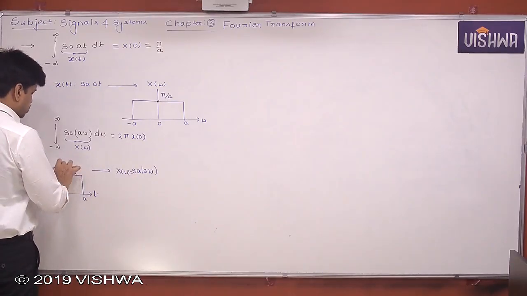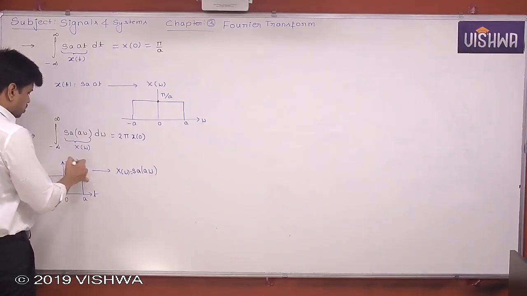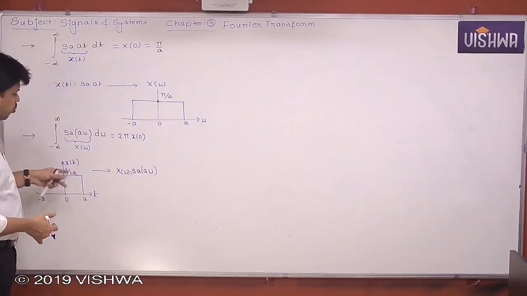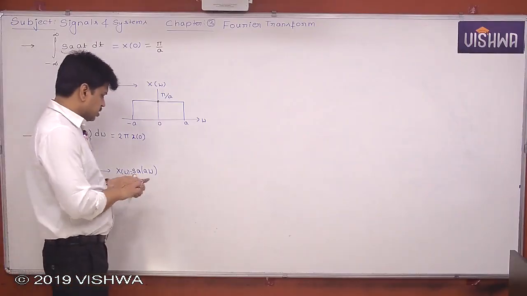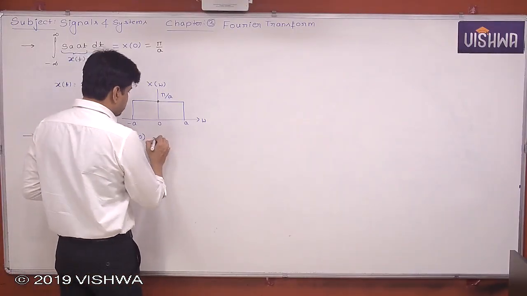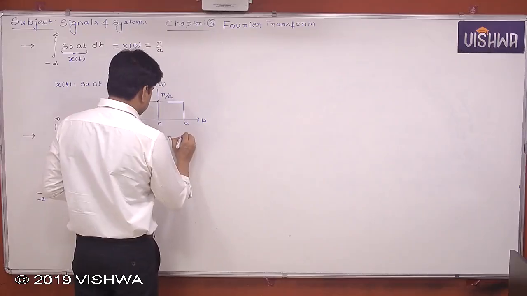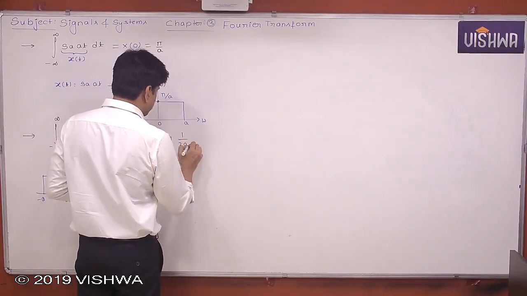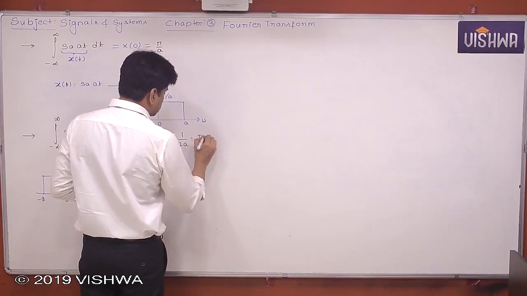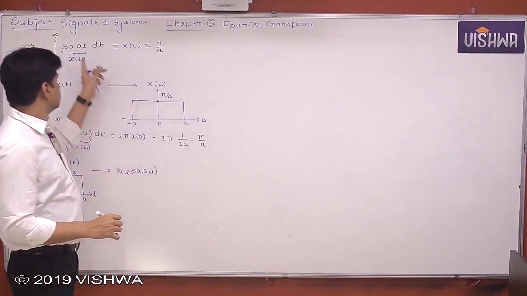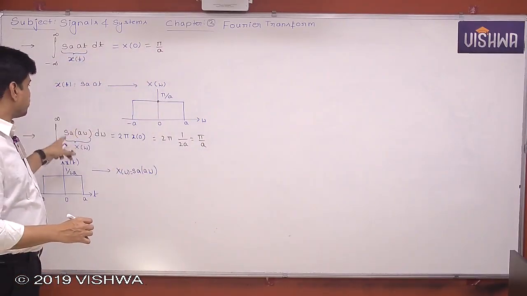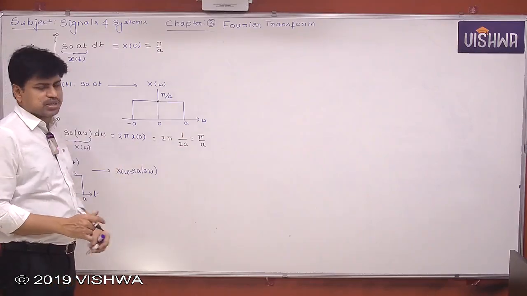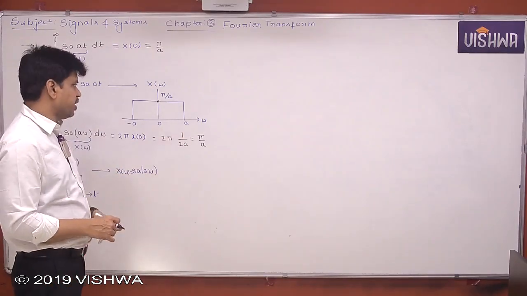So this is x of t. At 0, what is its value? 1 by 2a. So finally this is going to be 2 pi times 1 by 2a. The 2 gets cancelled. Finally this is also pi by a. If you observe carefully, sampling at dt or sampling a omega d omega results in the same value, which is nothing but pi by a.